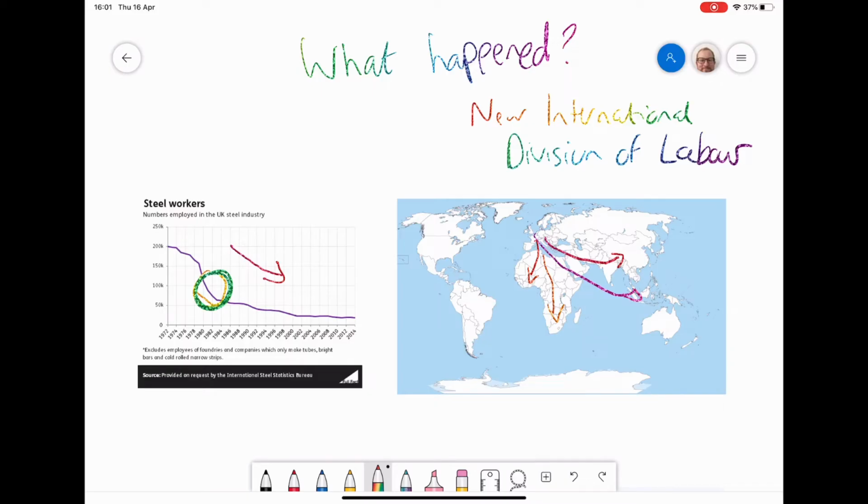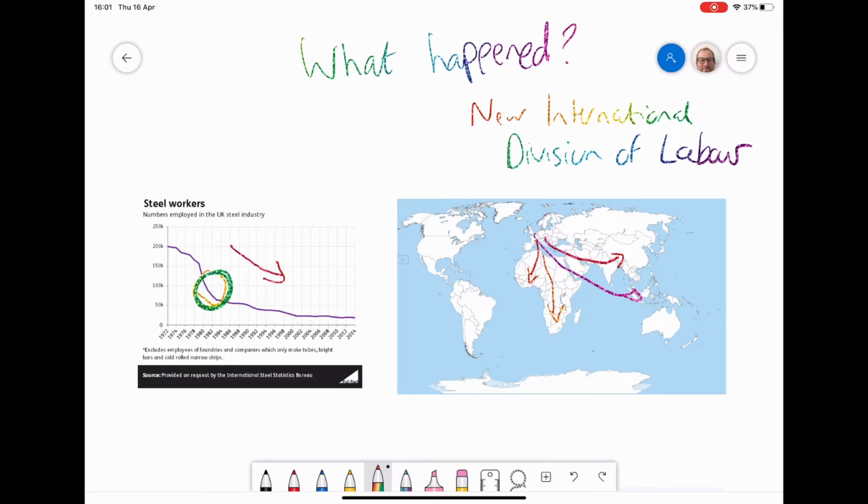Meanwhile, in these LIDC countries in Southeast Asia, Malaysia and China, South Korea, we see huge opportunities, new jobs being produced, TNCs making large profits in these countries. And so while there are losses for workers and areas and places in AC countries, we see opportunities being created in LIDCs, EDCs.